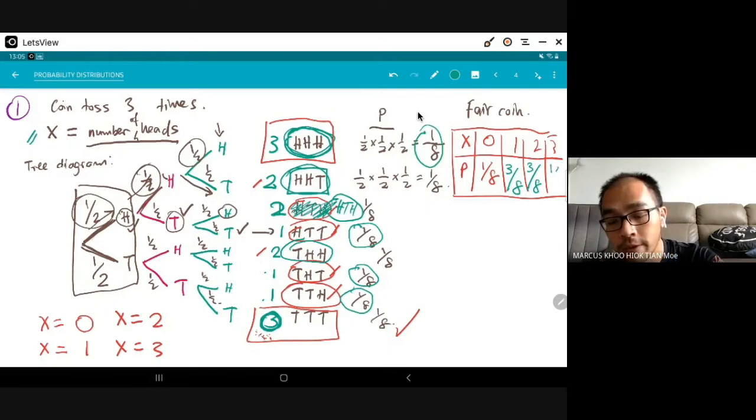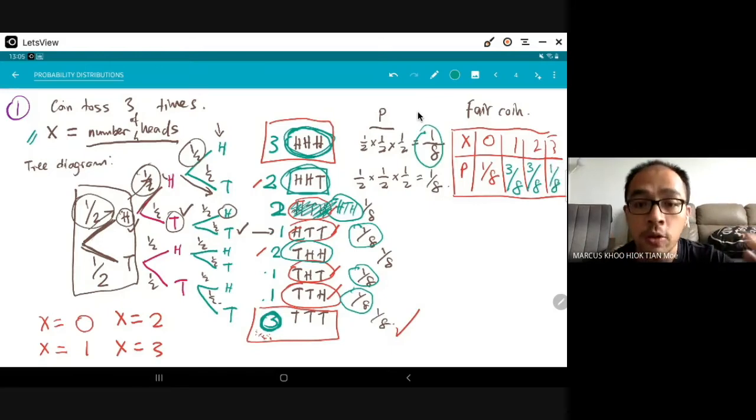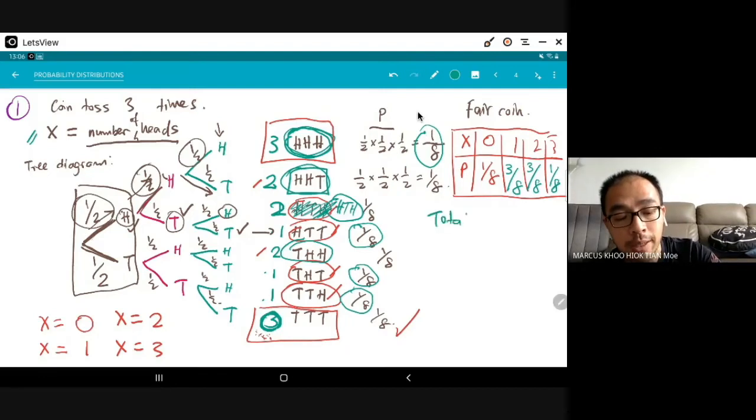Now, how do you know whether your table is complete? Your table is complete if the total probability of a discrete random variable is equal to 1.